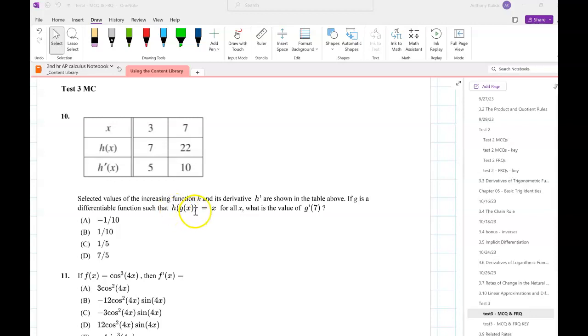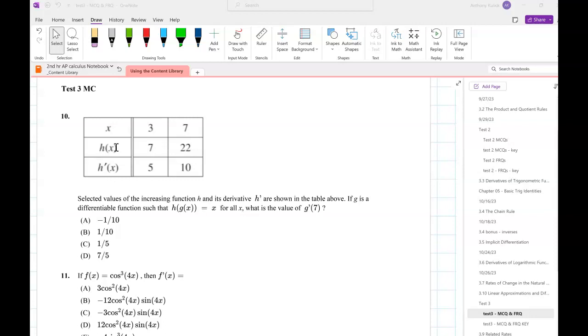The derivative of the left-hand side is a chain rule, so it becomes h prime of g of x times g prime of x equals the derivative of x, which is 1.